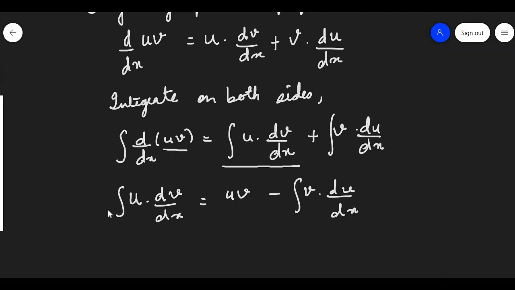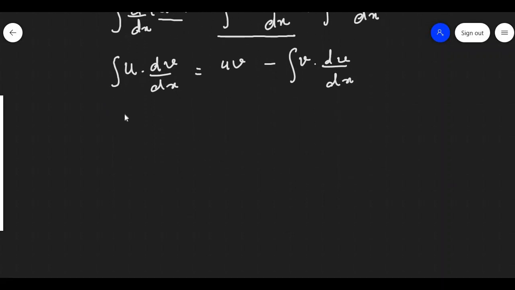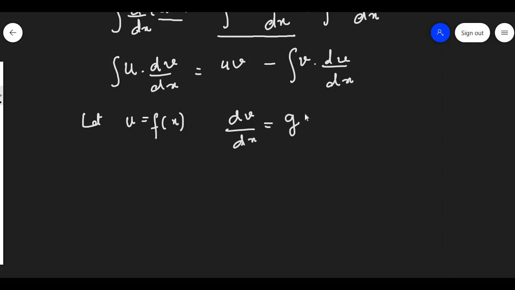Now, we can assume u to be the first function of integration and dv by dx to be the second function of our differentiation. So, let u be f of x, that is the first function, and dv by dx be the second function, that is g of x.